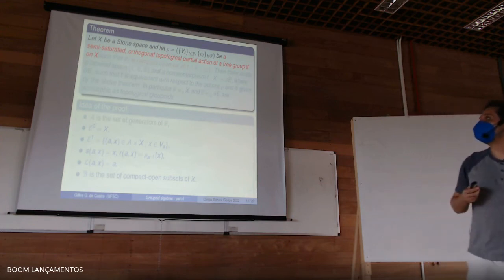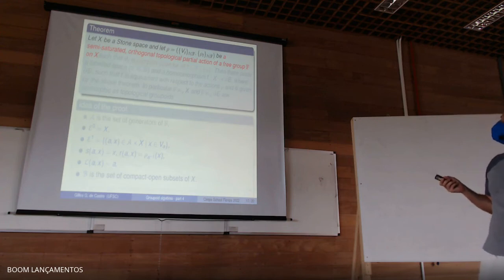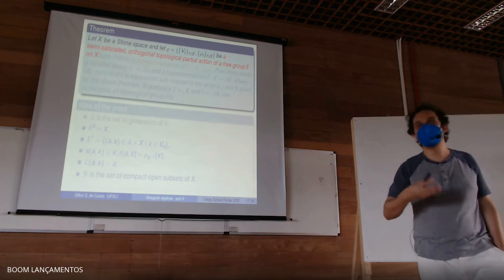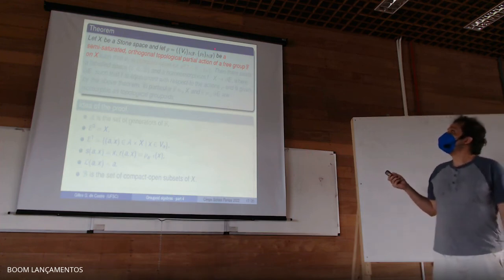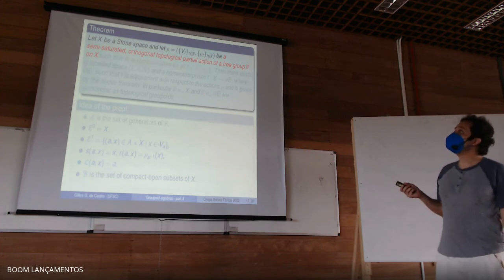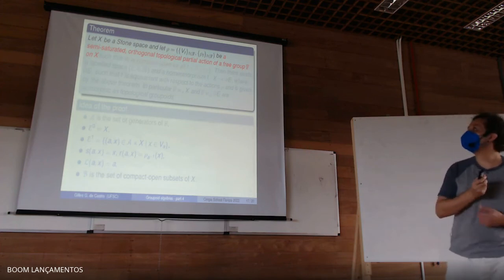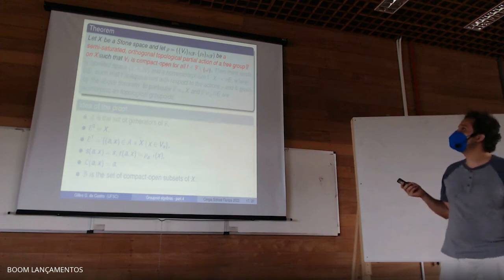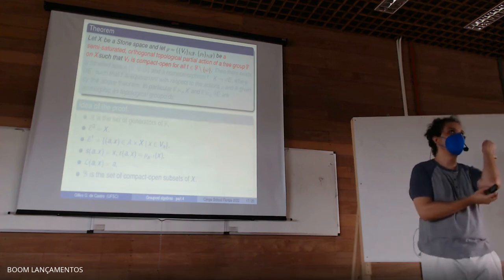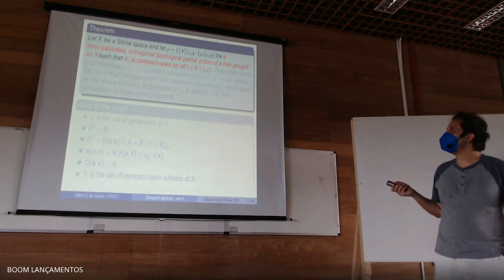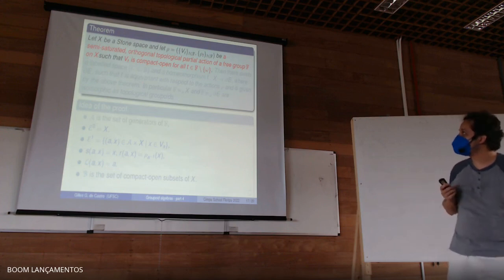So what do we need as an input? First, we take X to be a Stone space because we need a Boolean algebra for the label space. We have this partial action. It's going to be semi-saturated and orthogonal. And we want this V_t to be compact open because for the label space, they are compact open. So we ask this as a hypothesis as well.